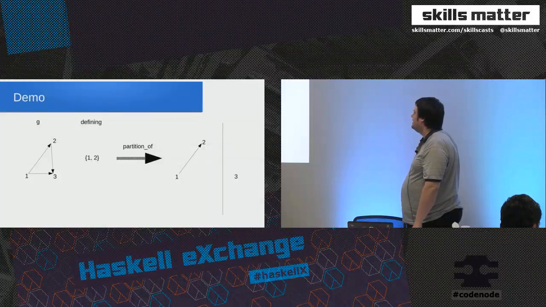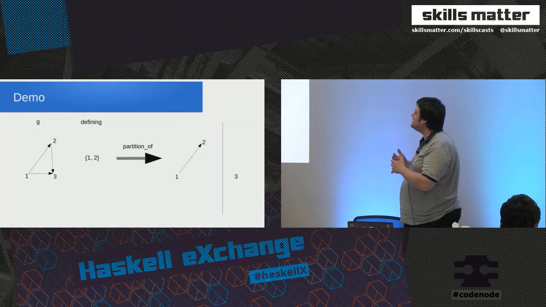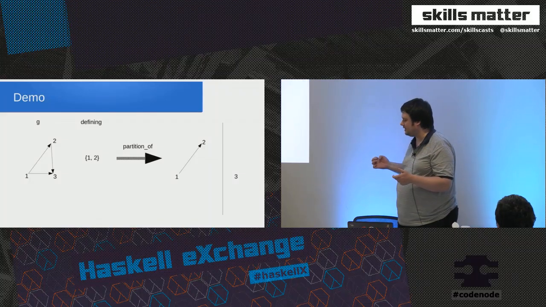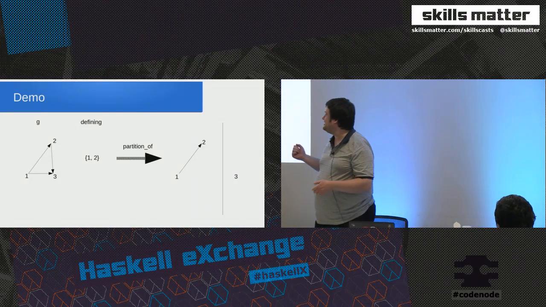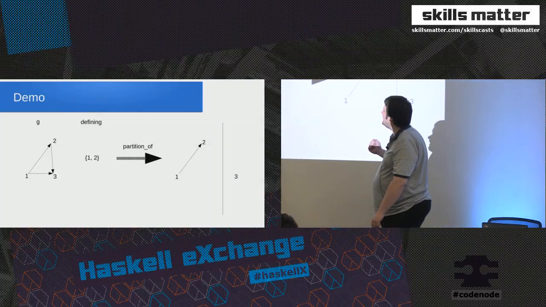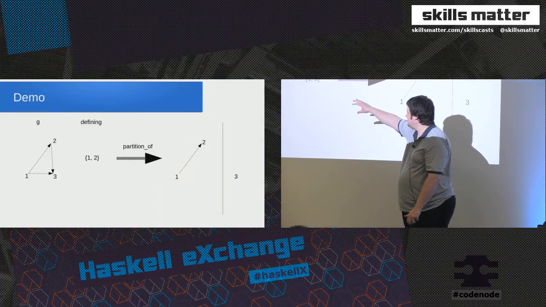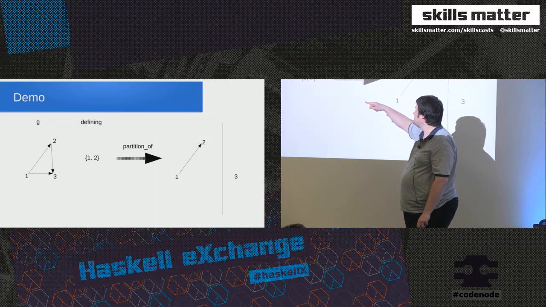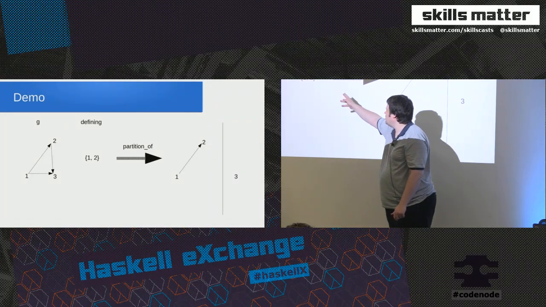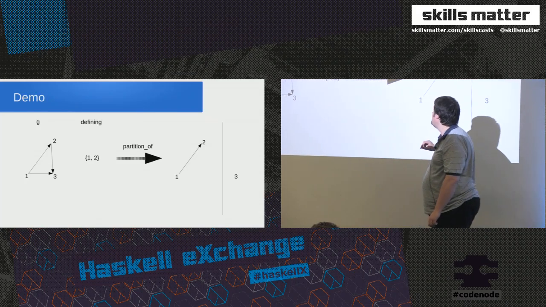So in the demo, I'm going to show a very simple example of a function. I won't show you the whole thing, because there are various proofs involved, but I'll show you some core parts. It's going to be a function that takes a graph, here in the example with three nodes and edges between them, and what I've called a defining set, which is nodes 1 and 2.